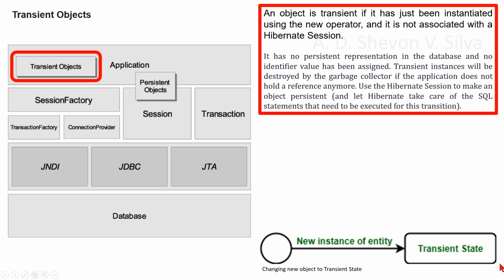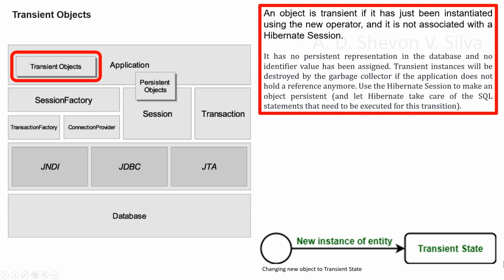Transient state is the first state of an entity object. When we instantiate an object of Pojo class using a new operator, then the object is in the transient state. This object is not connected with any Hibernate session.